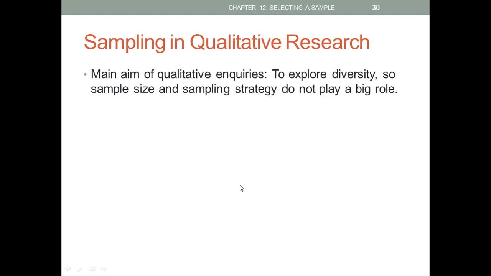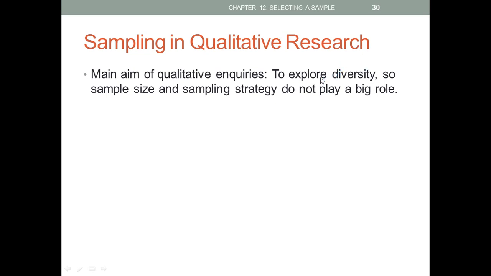Let's go to another important lesson here, sampling in qualitative research. As stated earlier, the main purpose of qualitative inquiries is to explore diversity, diverse opinions, diverse feedbacks, diverse experiences, or things like that.